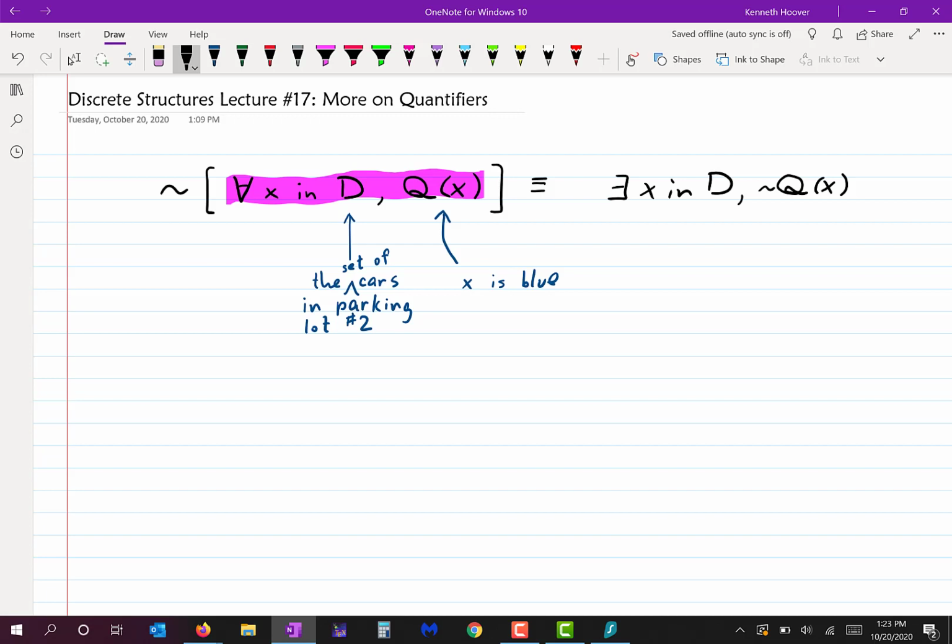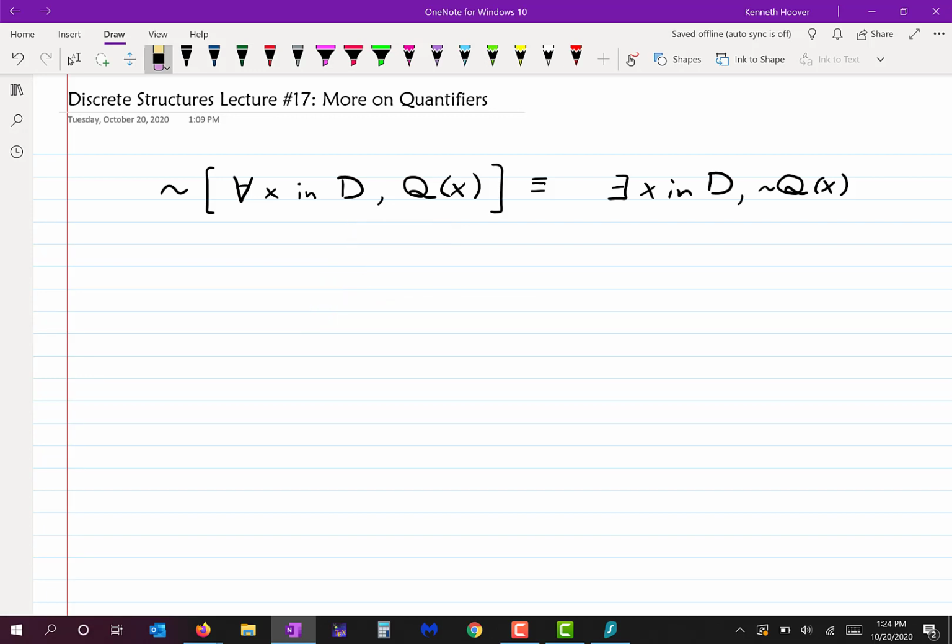Okay, so there you have the proper way of negating a universal statement. The negation of a universal statement is an existential statement, where the second half, the part after the quantification, is the negation of the original part after the quantification. Okay, so that's how you negate a universal statement.